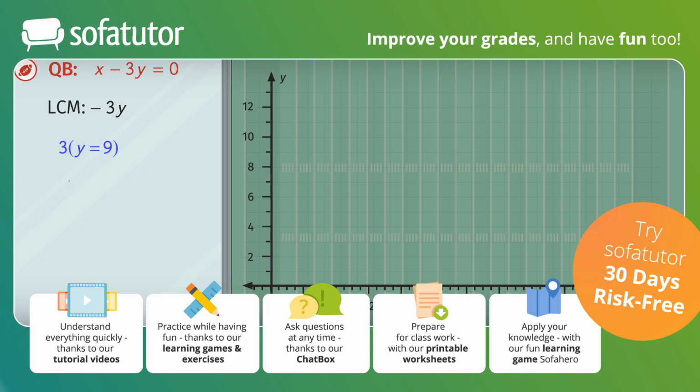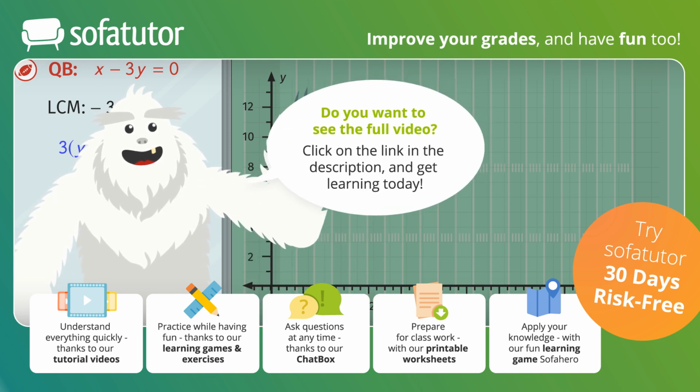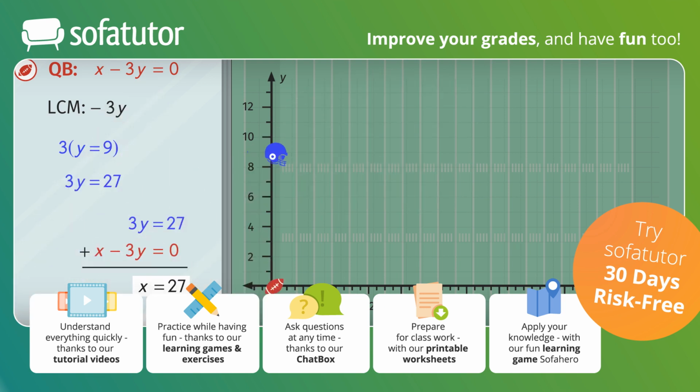Doing so gives us 3y equals 27. Just like the last time, we add the two linear equations together, and we get x equals 27. And we already have our y, 9. So our intersection point and the solution to this system of linear equations is 27, 9.